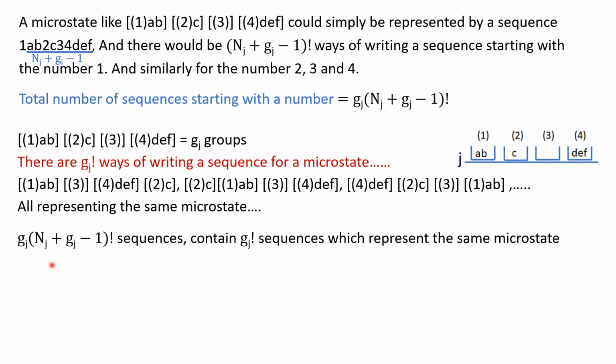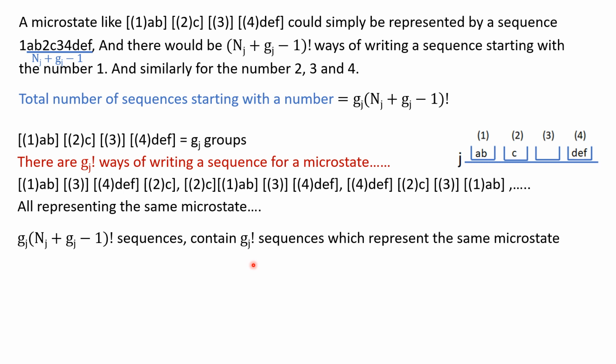So if we have (Nj plus Gj minus 1) factorial pictorial sequences in total, it contains Gj factorial pictorial sequences which actually represent the same microstate. It means that in this number of sequences there is a Gj factorial repetition of the same microstate.